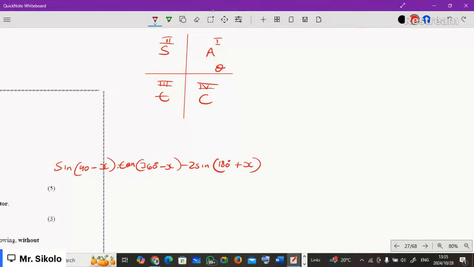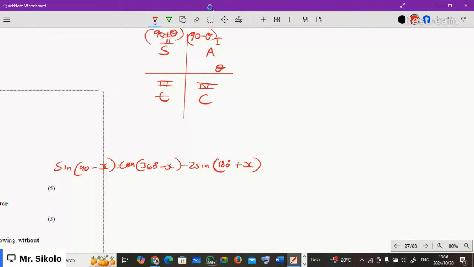If it is theta, remember, an angle that is less than 90 but greater than 0 falls under the first quadrant. Then, in order for the angle to fall in the second quadrant, it has to be greater than 90. So it's 90 plus whatever the value of theta is.